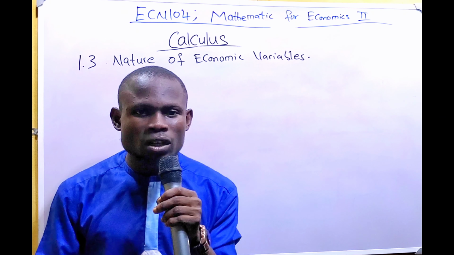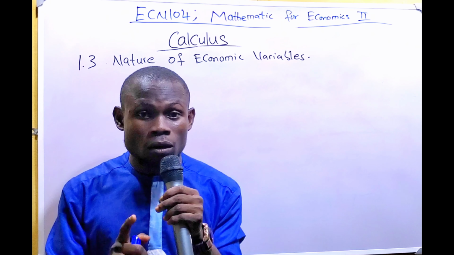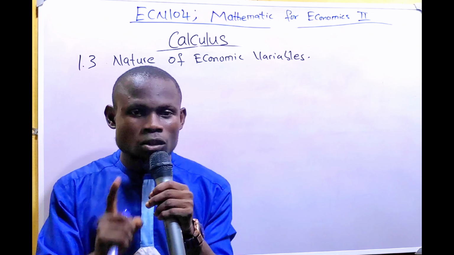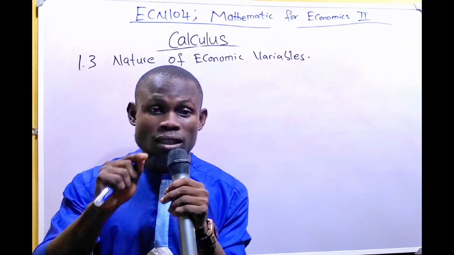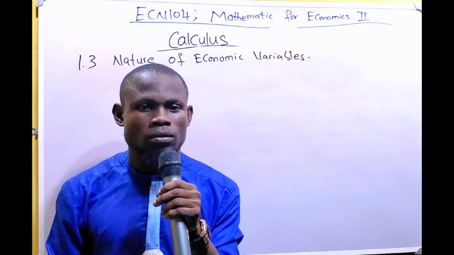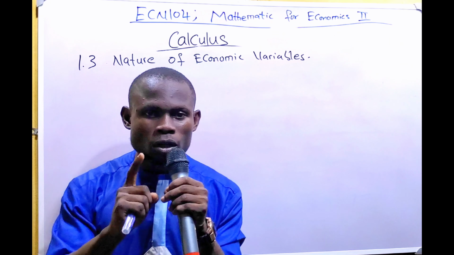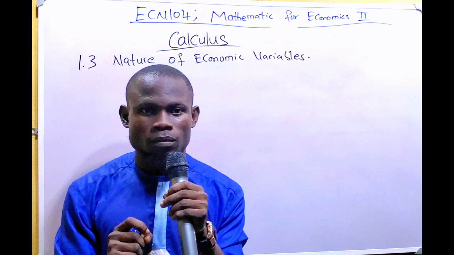The unemployment rate as at now, as I'm talking to you, will definitely not be the same unemployment rate come December. I'm speaking in October actually. The inflation rate as at January this year is not the inflation rate right now. In fact, prices of commodities change on a daily basis.